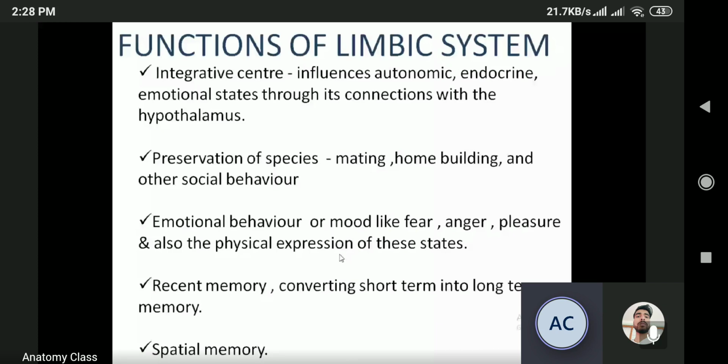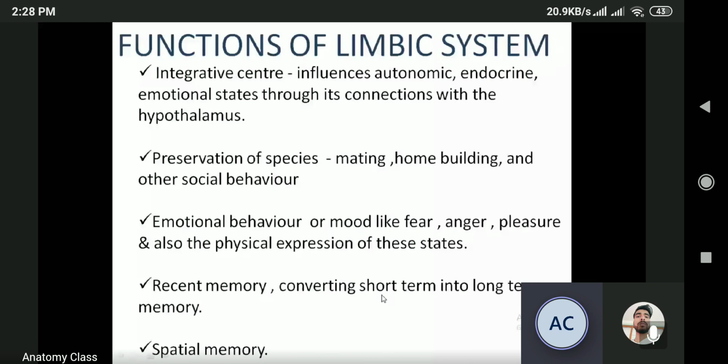It is also related with recent memory, converting short-term memory into long-term memory, and even the consolidation of memory. And also spatial memory, like the memory of one's environment and its spatial orientation, is also a function of the limbic system.